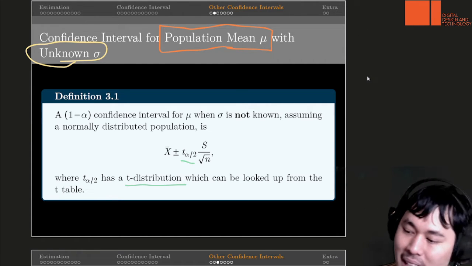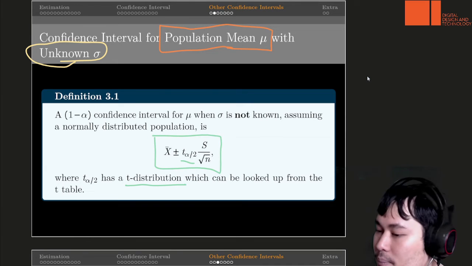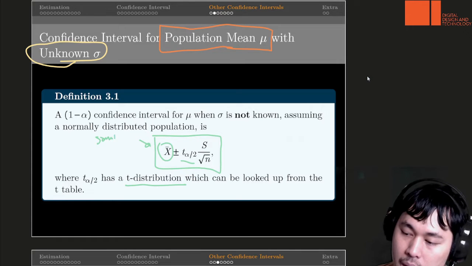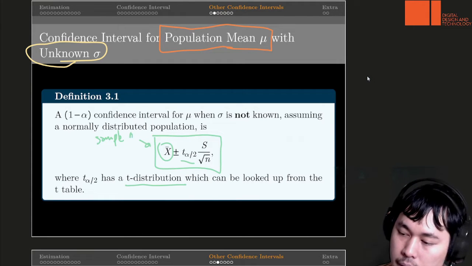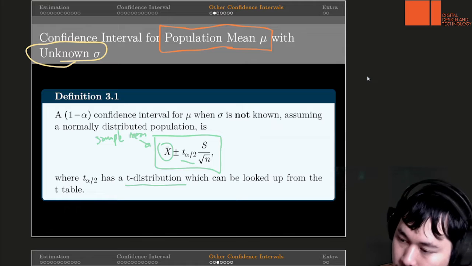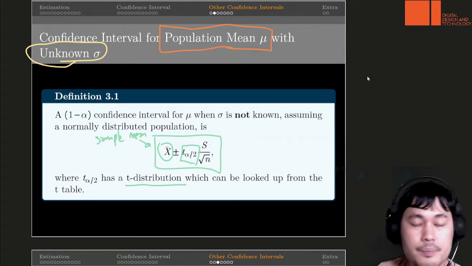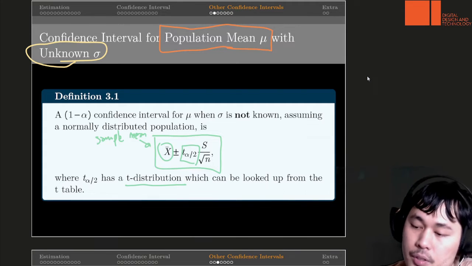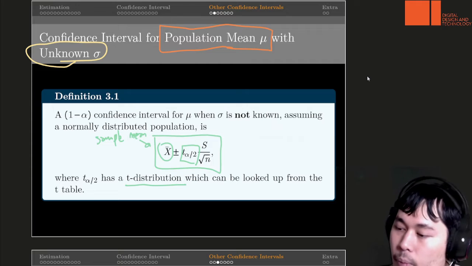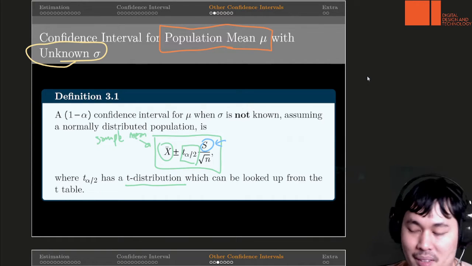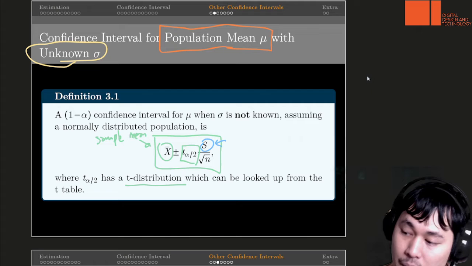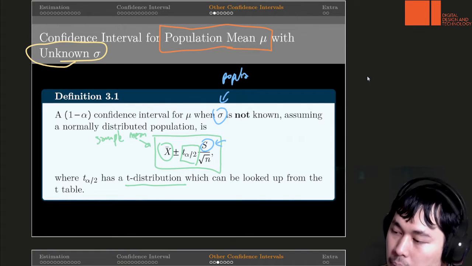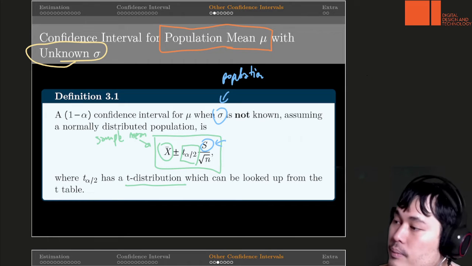But nevertheless, the formula is still familiar. We still have x bar, which is still the sample mean. But this t alpha over 2, this confidence level, needs to be computed from the different table. And there's something slightly different, because previously we used sigma, the population standard deviation.